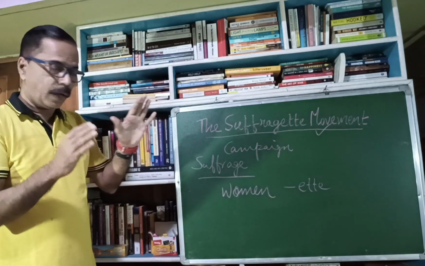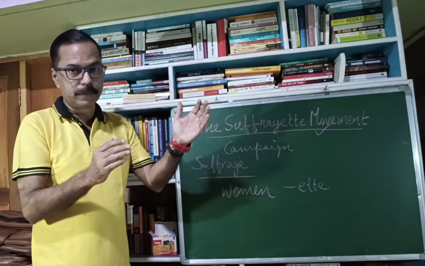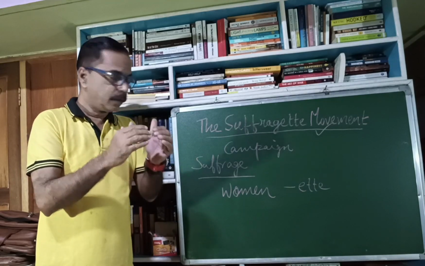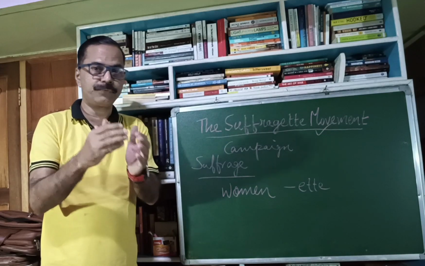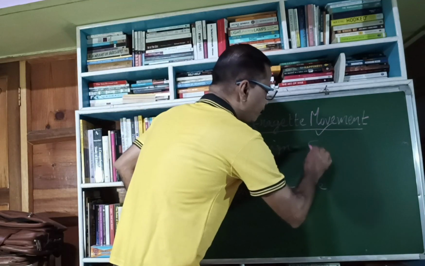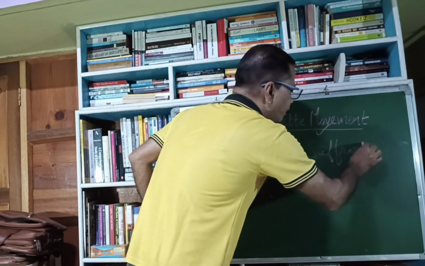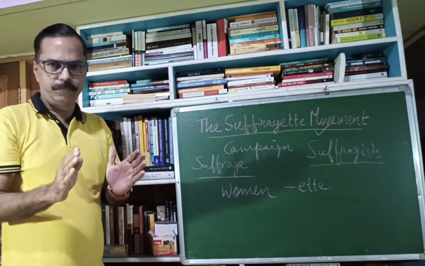So in England or UK and also in the United States in the 18th and 19th centuries, there were people who demanded voting rights for women. Those campaigners were called suffragists.